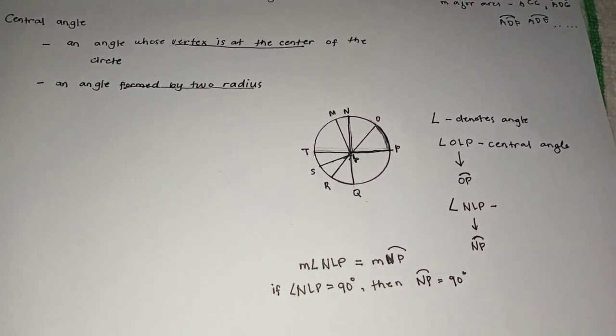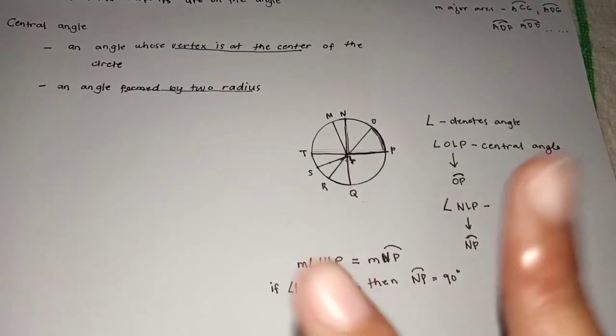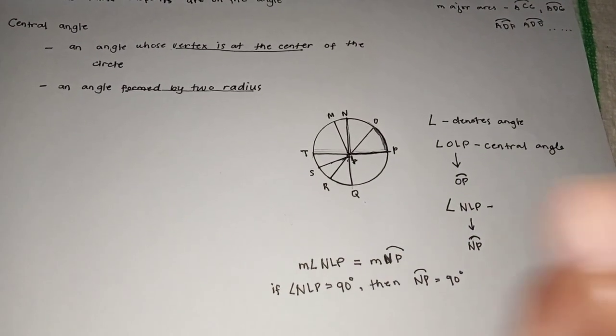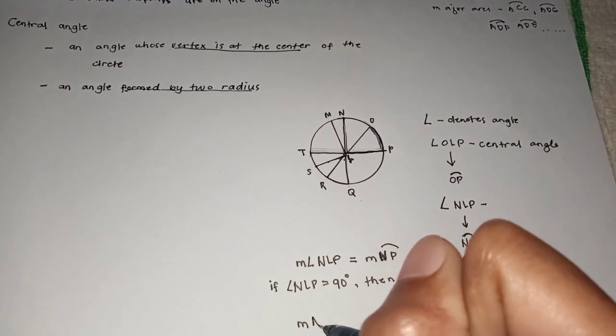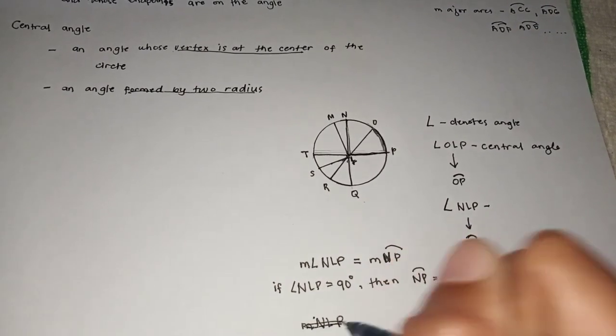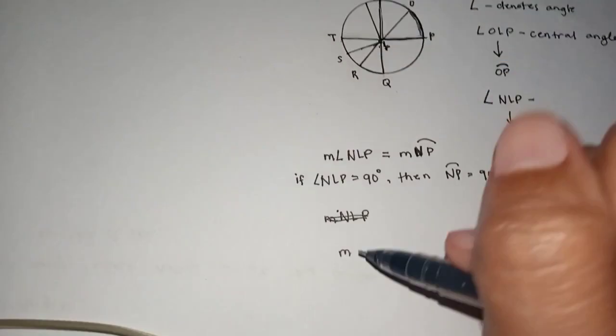Is it clear? I hope it is clear to you now. Sorry, I made a mistake. Let's have another example. The measure of angle OLP is 45.